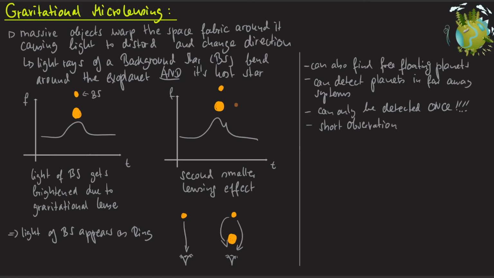For Earth-mass planets, it's even only hours. So it's very easy to miss these kinds of events. You would need to constantly monitor stars in real time.